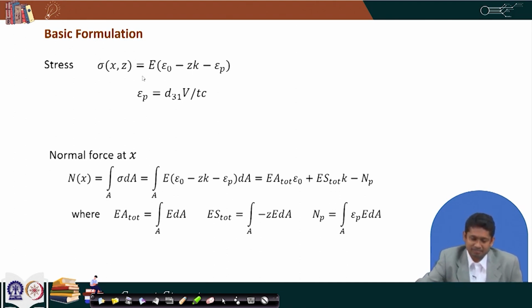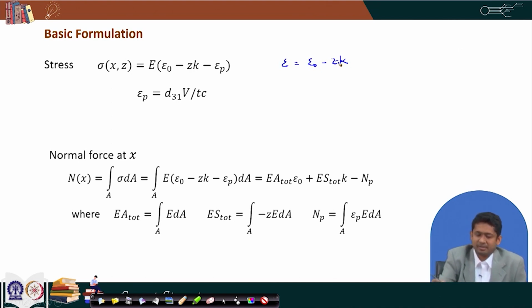We have seen that strain is epsilon is equal to epsilon 0 minus z into kappa, and if the material is active material, if it is a piezoelectric material, then we subtract the free strain from the strain, and if I multiply this quantity with the elastic modulus, that gives us the stress, and this free strain is nothing but electric field, which is V by T c.